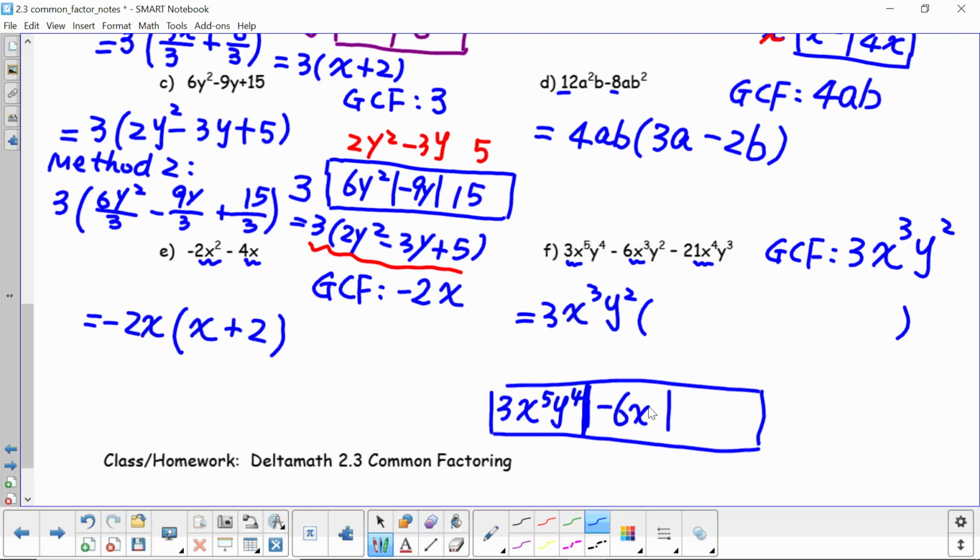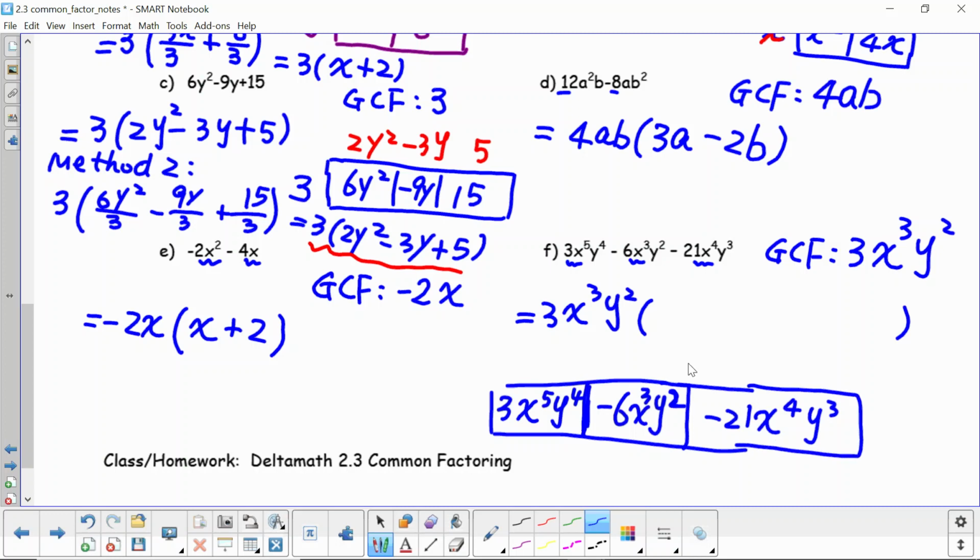Negative 6 x squared, x cubed, y squared. Then the last term. So we'll have more space here. So it's y squared, then the last term, negative 21 x to the exponent 4 y cubed.